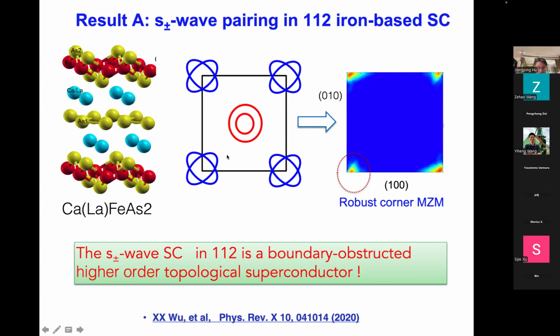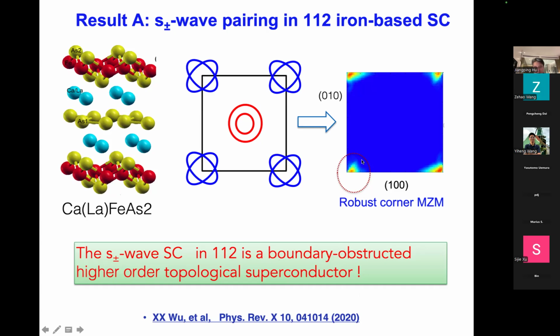If the iron-based superconductor is in the S plus minus state, with this hole pocket and electron pocket, and you take this material, called the 112 iron-based superconductor, and it is superconducting in this state, then we claim this 112 iron-based superconductor will be a boundary-obstructed higher-order topological superconductor.